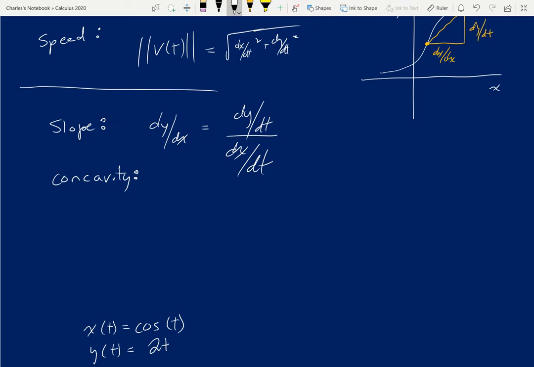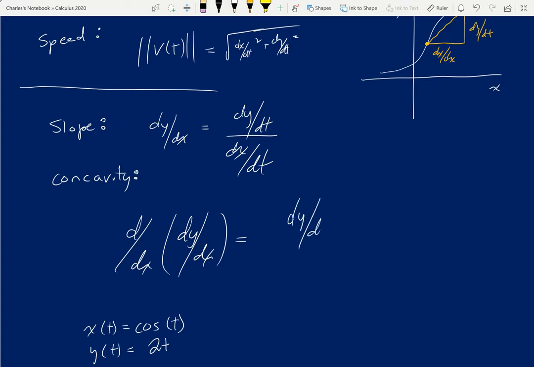Concavity is when you take the derivative with respect to x of dy dx, which is, let's say you have dy dx, your slope function. I'm going to take that derivative with respect to t, and I have to divide that by dx dt.